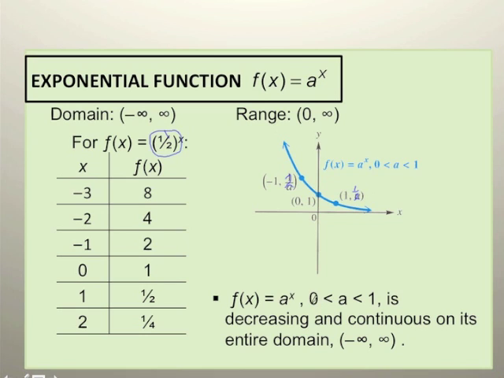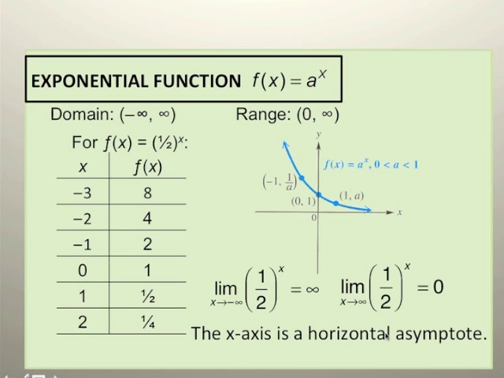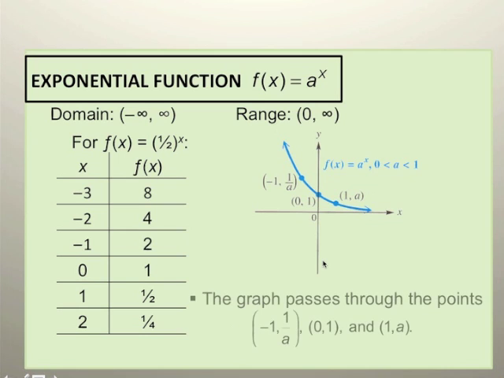So if a is between 0 and 1, it's decreasing and continuous in the entire domain. Now, as x goes to negative infinity, the graph goes to infinity. As x goes to positive infinity, the graph goes to 0, and the x-axis is still a horizontal asymptote.